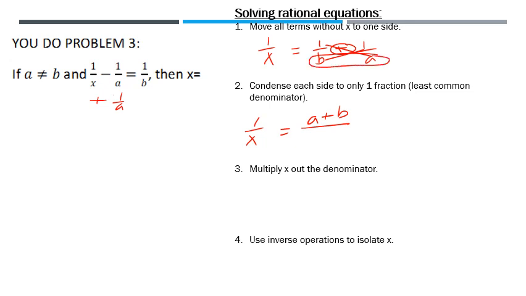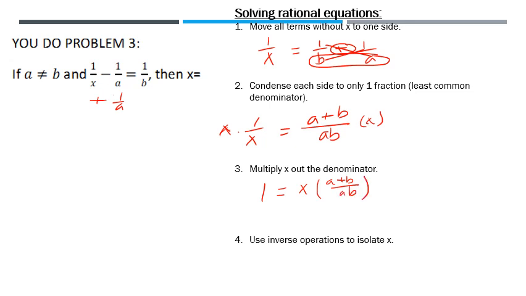bold, a times b. Multiply by x to get it out of the denominator. We do to one side, we do to the other. X divided by x is 1, not 0. So we're left with 1 equals x times a plus b over ab.